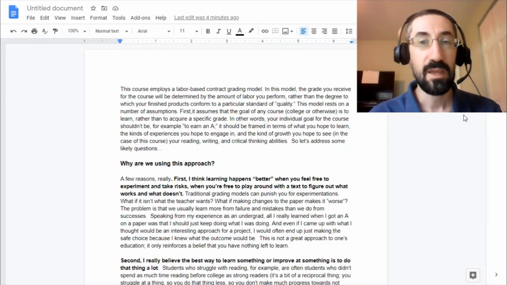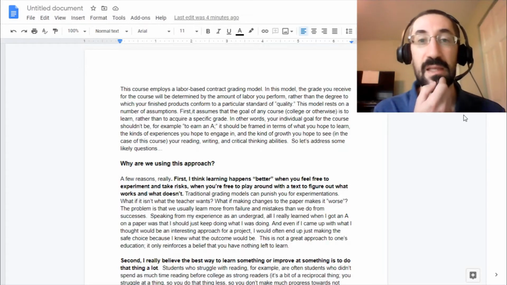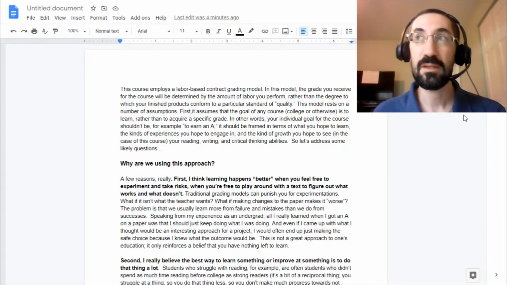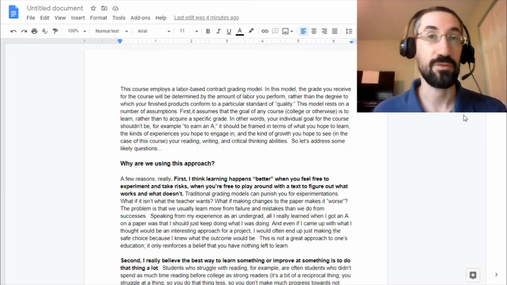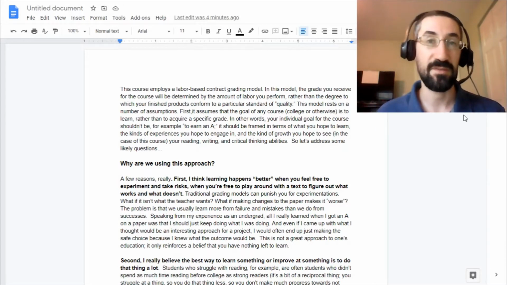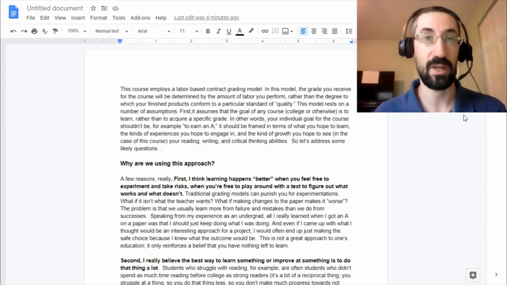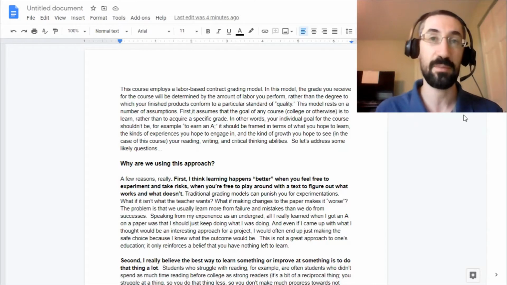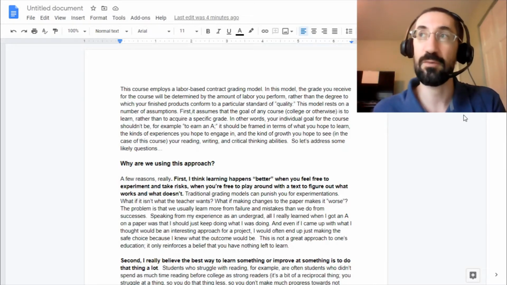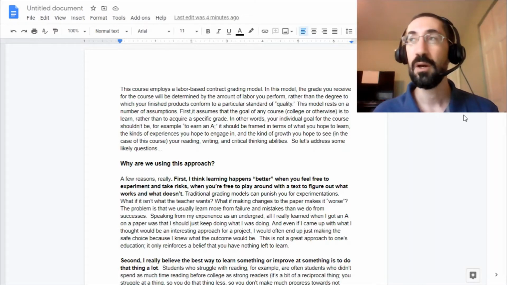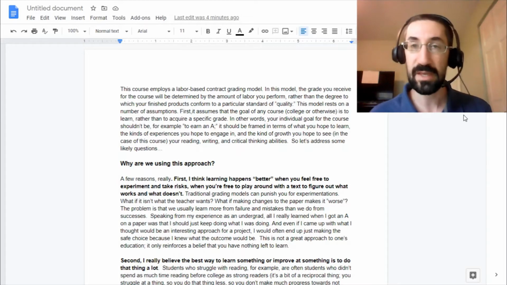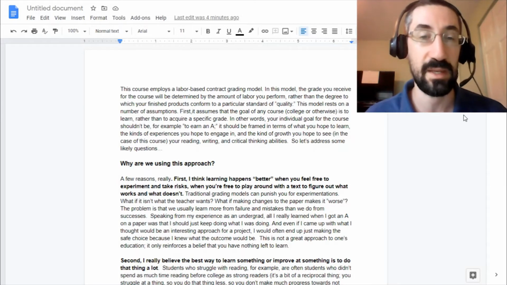One of the problems here is that if we're focusing just on the grade, then it's easy to fall into a number of traps. Whether that trap is I'm only going to do the kinds of stuff that I think will guarantee a certain grade, so I'm only going to write about this topic because I think it will get me a better grade. Or I have a creative idea for a paper, but I'm not going to do anything with it because I'm afraid that the professor won't like it, and so it would impact my grade negatively.